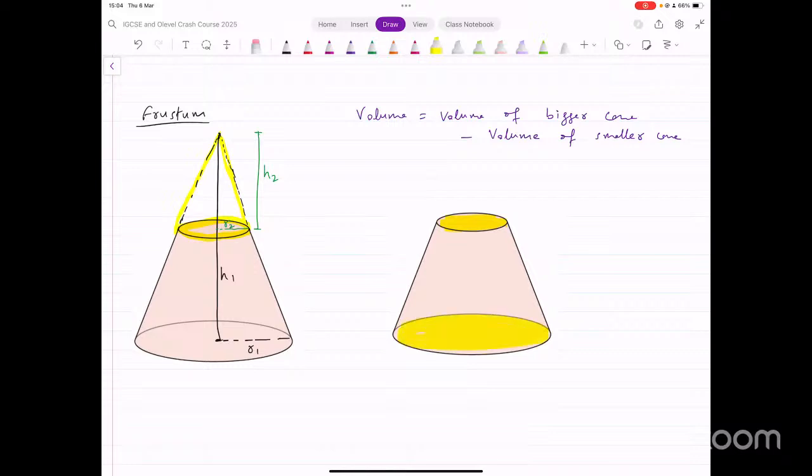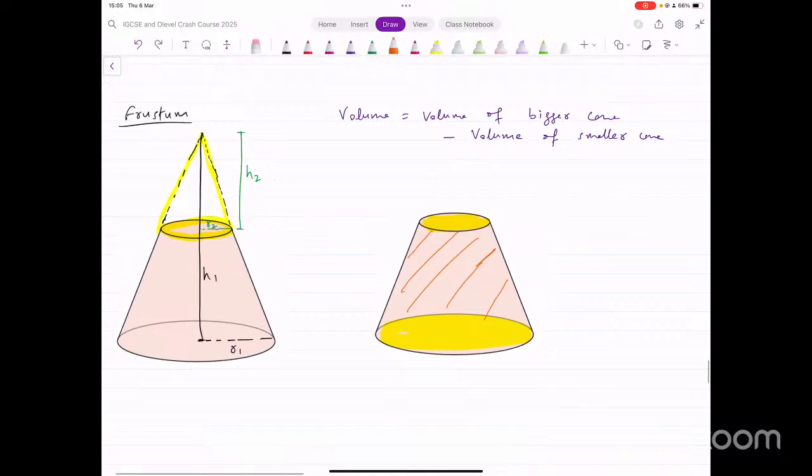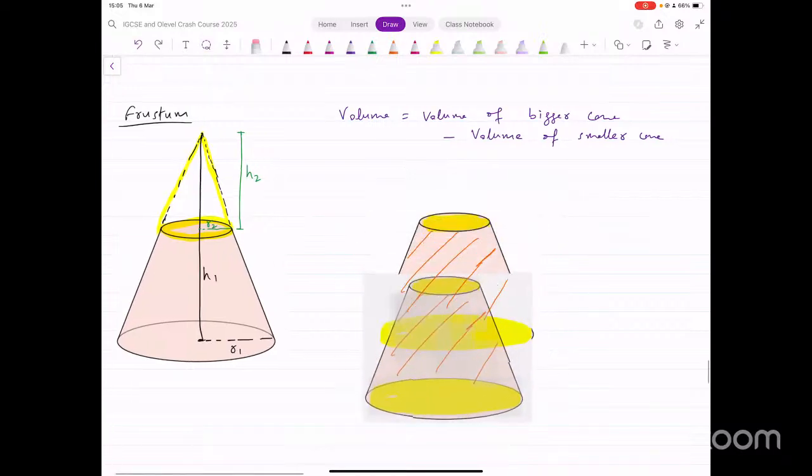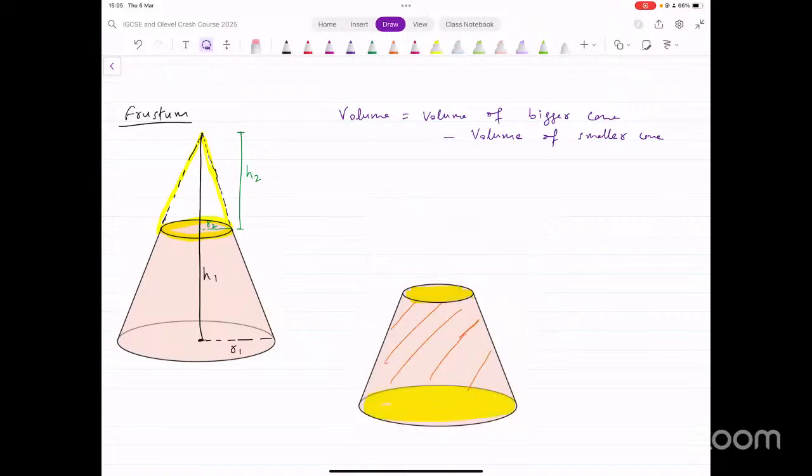The third part is going to be more complicated, and that's the curved surface area of this part. For the curved surface area as well, what you can do is find the curved surface area of the bigger cone, subtract from that the curved surface area of the smaller cone, and that will give you the curved surface area of this part. So if you have to find the curved surface area, that's the area of this region.